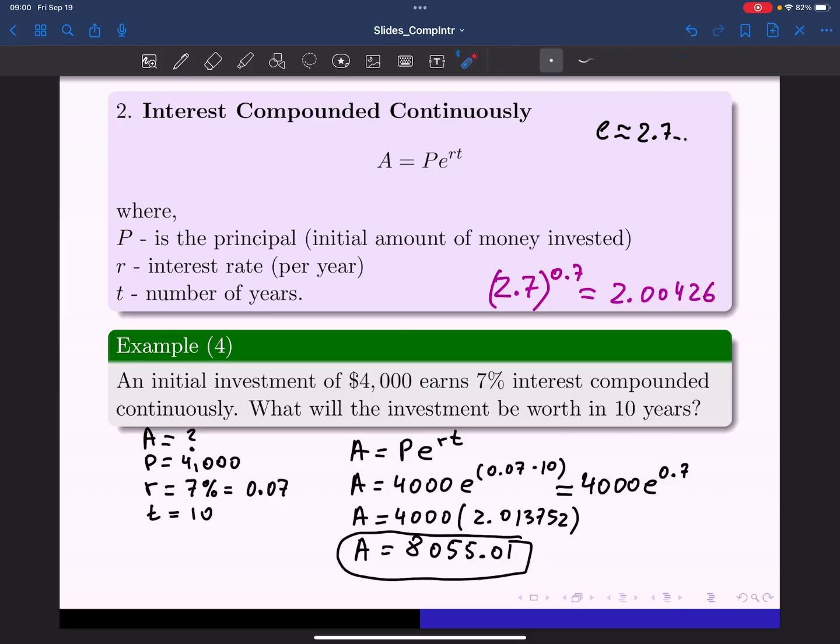If I multiply this times 4,000, I would get an amount of 8,017.05. So we can see that the approximation is a little bit different. That's why we try to keep a couple of decimals. Usually when you calculate, keep around 6 decimals, and then at the very end round to the nearest cents.